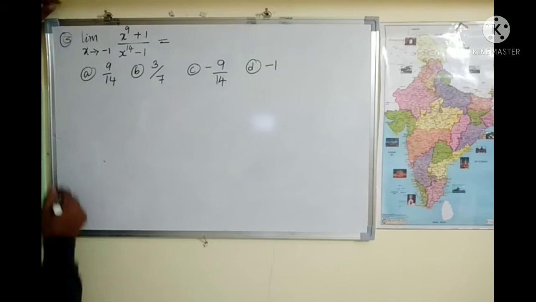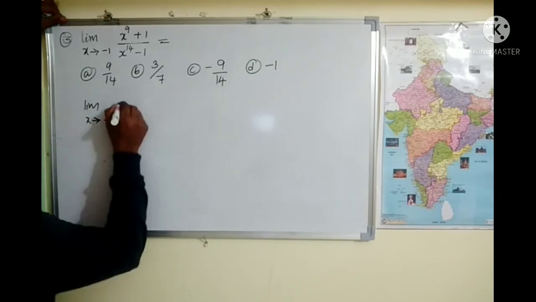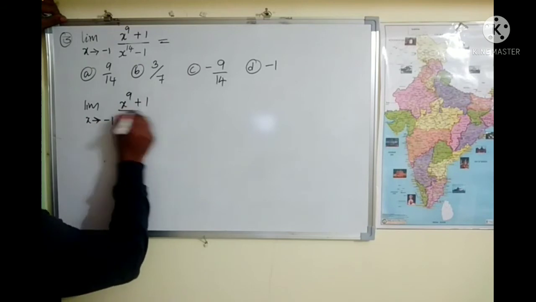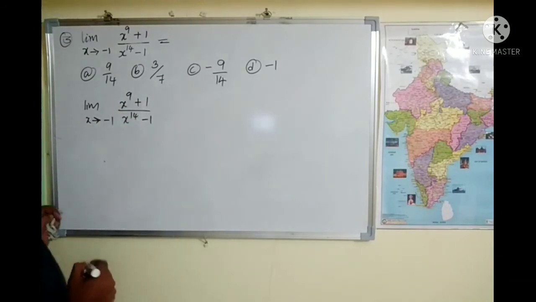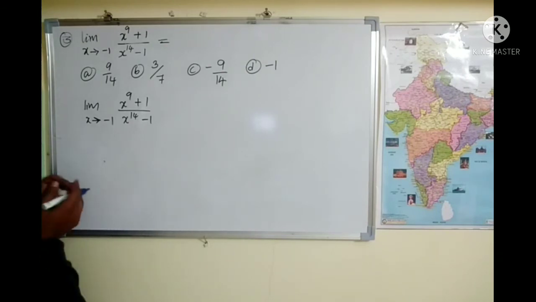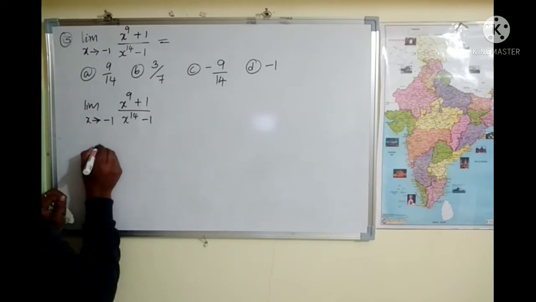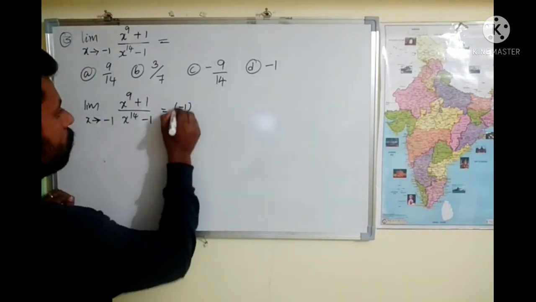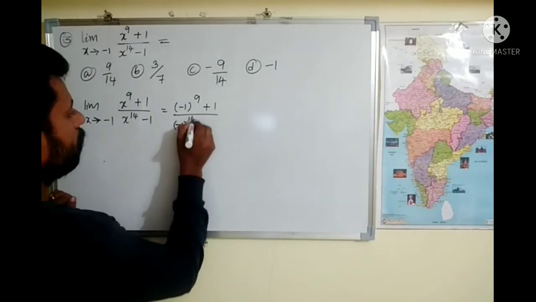To solve this problem, limit x approaches minus 1 of x to the power 9 plus 1 divided by x to the power 14 minus 1. Now substitute minus 1 in the place of x. We get minus 1 to the power 9 plus 1 divided by minus 1 to the power 14 minus 1.